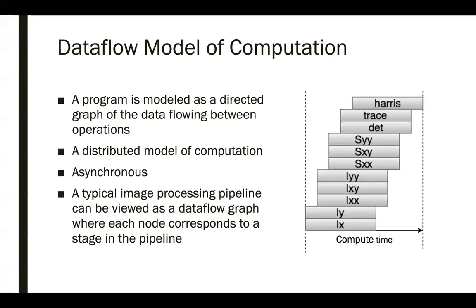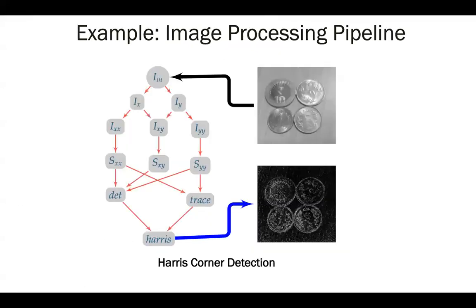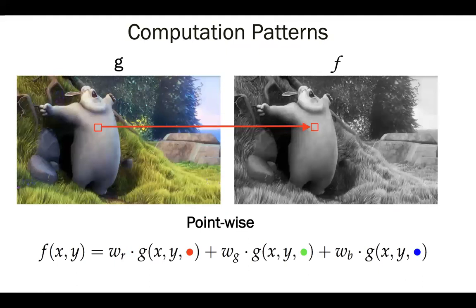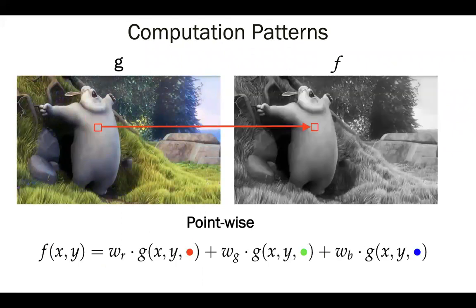So when we think of image processing pipelines, in the example that we have seen, at a particular stage we are applying stencil computations. And there are different kinds of stages depending upon what kind of computations are being done there.